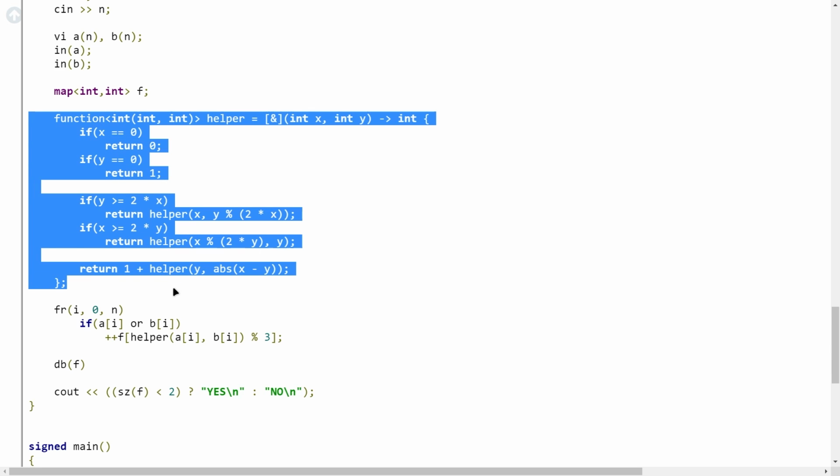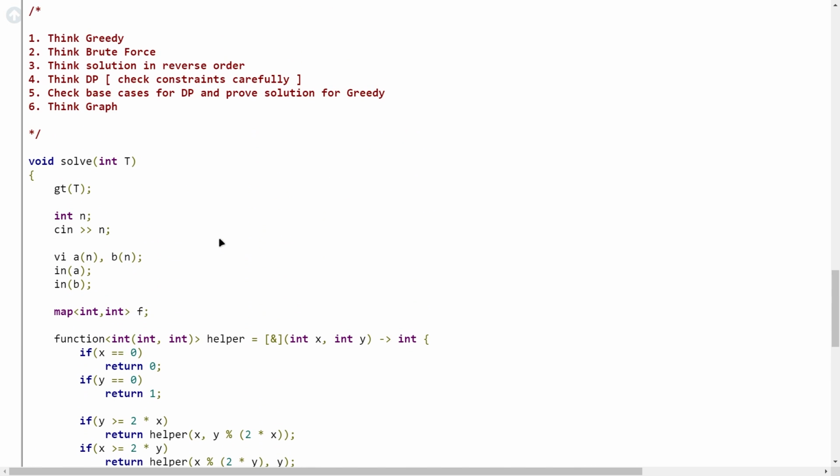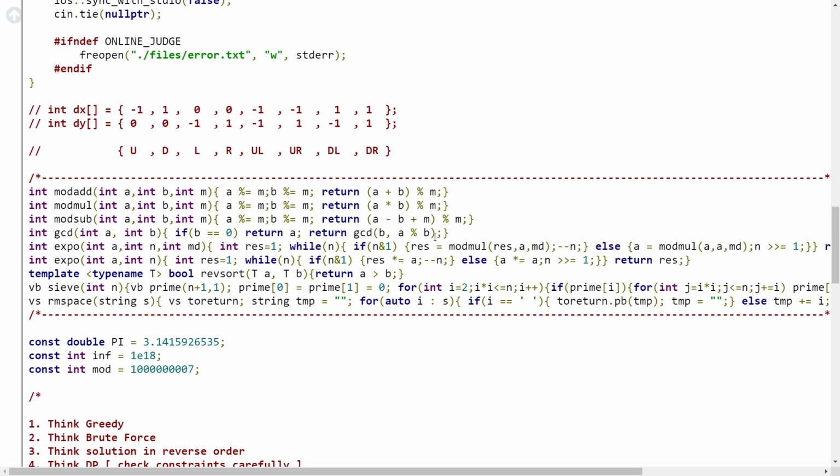This helper function is supposed to work in log n. Now, I don't have a mathematical proof of why this should work in log n, but I can try to give you a general intuition of why this is true. So when we talk about the GCD function, in the GCD function we do something similar. We take b and a mod b. So we know that the overall complexity of the GCD function is logarithmic, right?